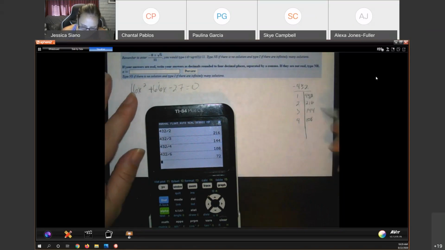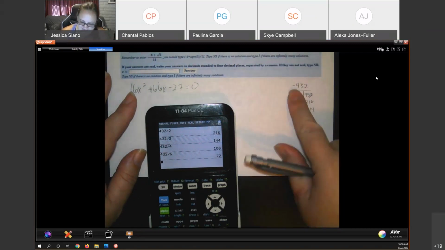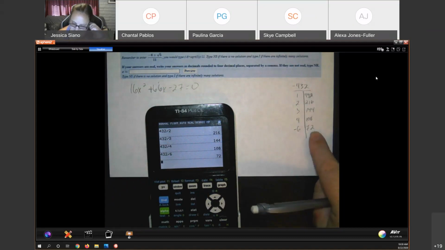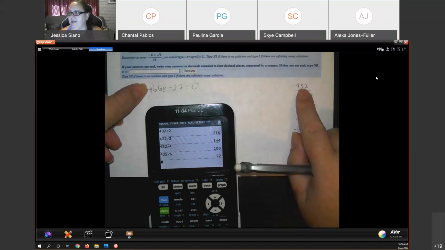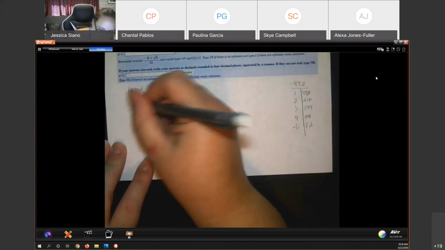I know 5 doesn't go in, so I skipped it. Okay. So if I'm looking at 6 and 72, this was a negative 432. So negative 6 plus 72 would be 66. And negative 6 times 72 would be negative 432. So those are the numbers I'm going to pick.